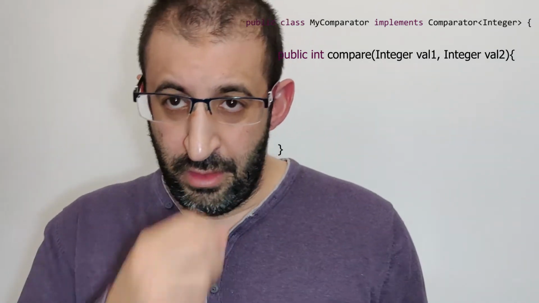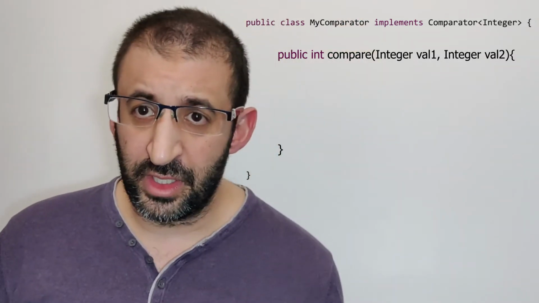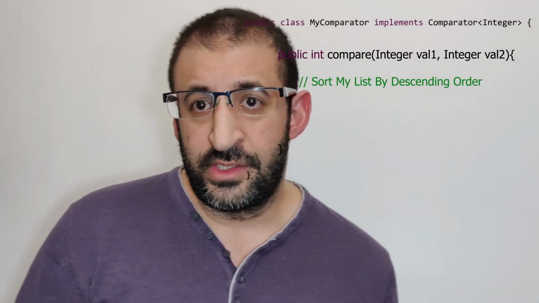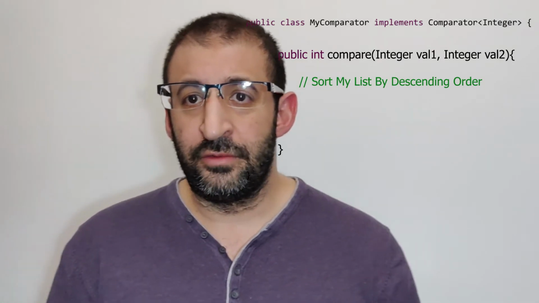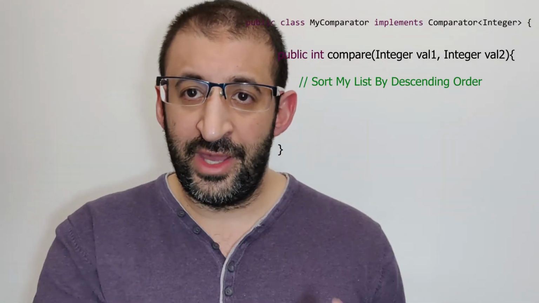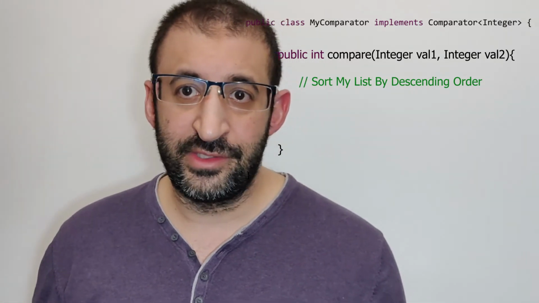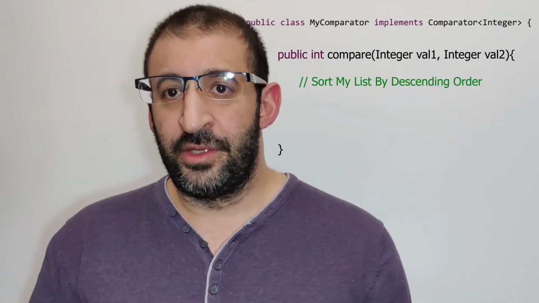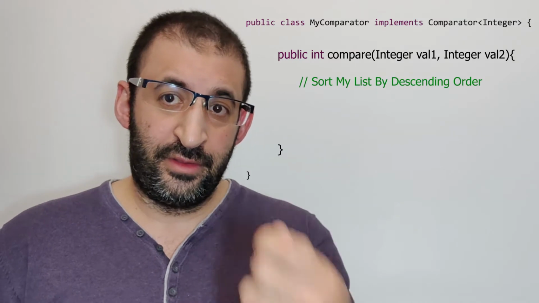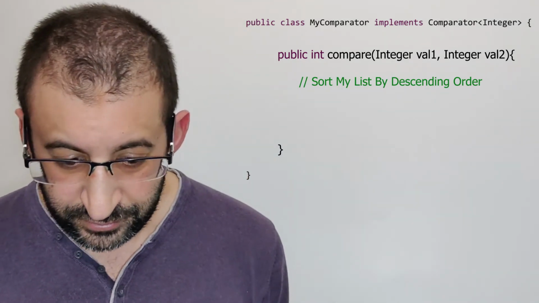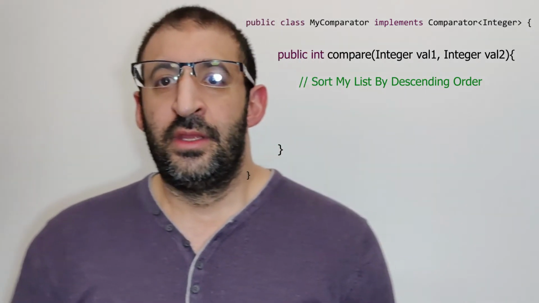I want to sort my list in descending order. For example, if I have 7 and 9, when I do Collections.sort with my own comparator, I get 9, 7 in system.out.println. So the bigger value comes before the lesser.